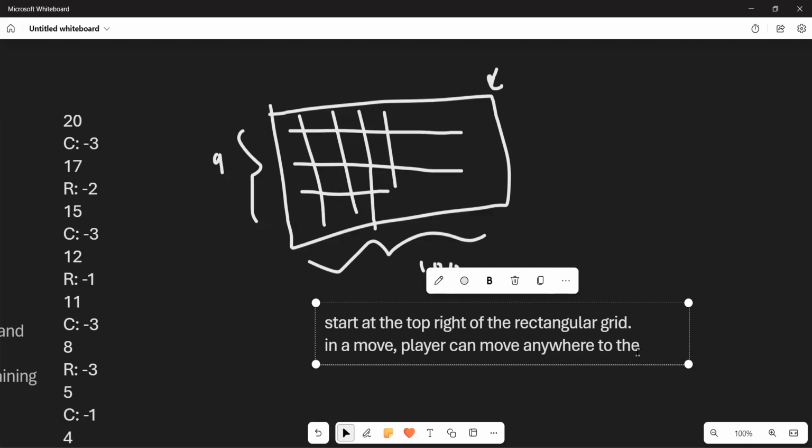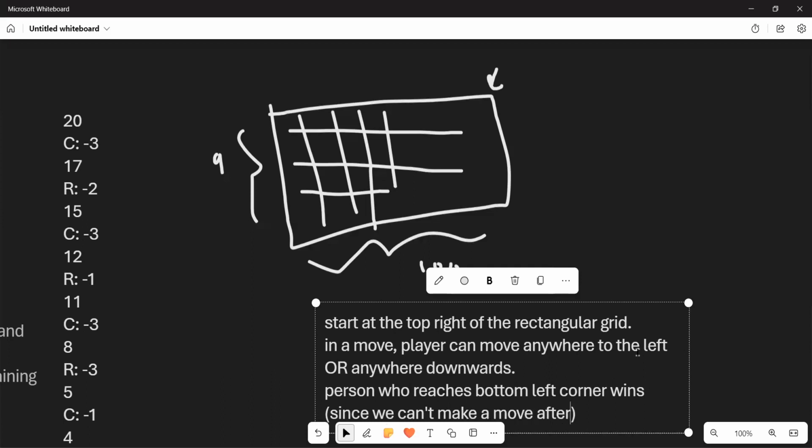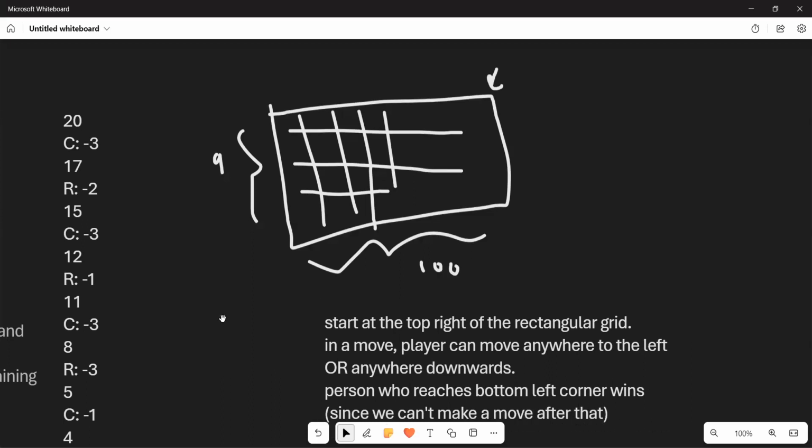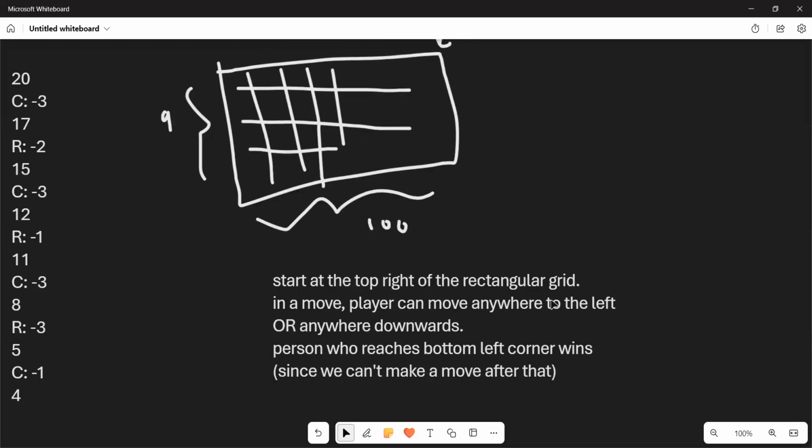Move anywhere to the left or anywhere downwards. The person who reaches the bottom left corner wins, since we can't make a move after that. This is the question. Try and find the strategy.